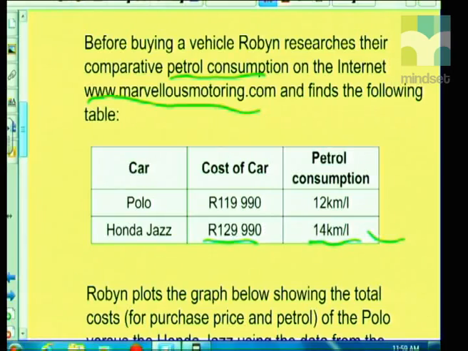This is a rate. So we're doing something on rate as well. 12 kilometers per litre. This one goes 14 kilometers per litre. So 1 litre will take you further in the Jazz. 12 kilometers per litre, every 12 kilometers you're going to use 1 litre.